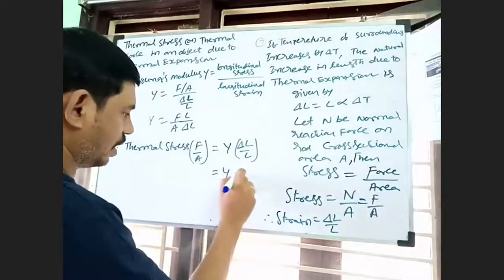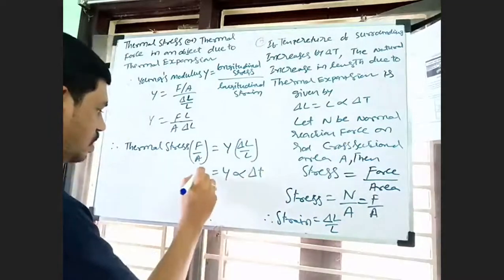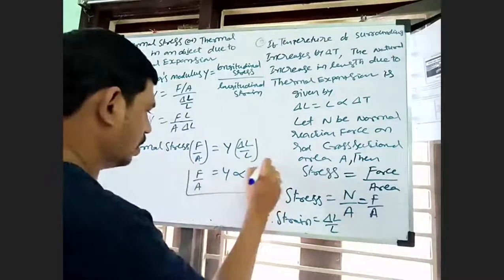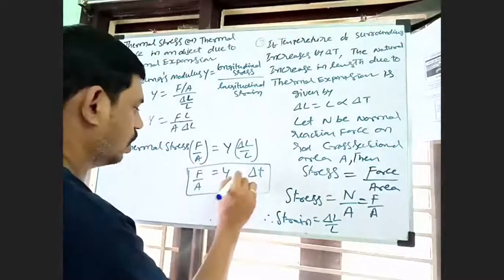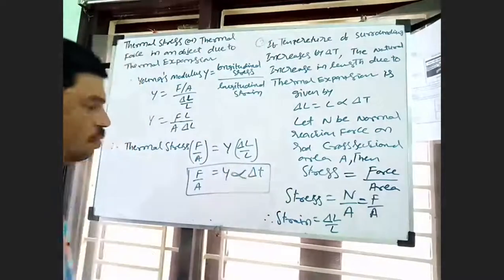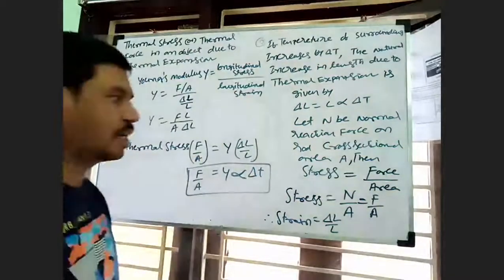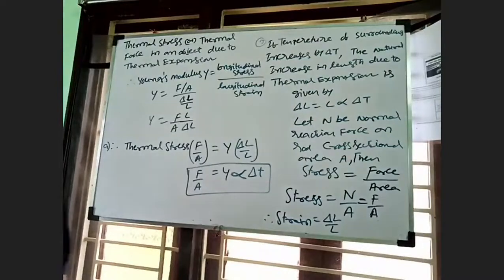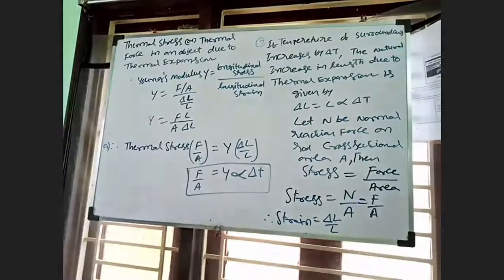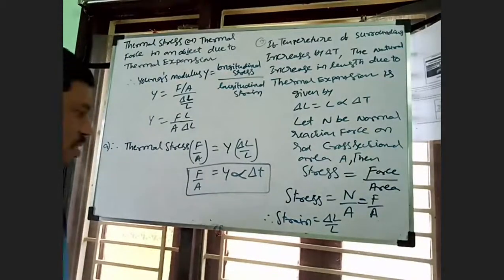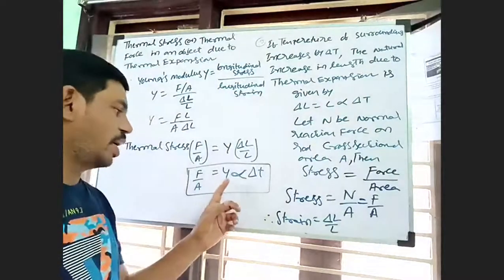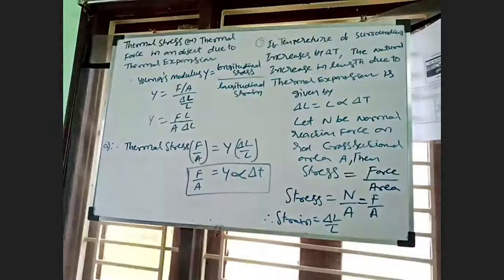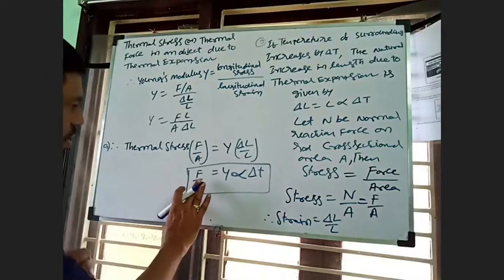It is alpha delta T. This is called thermal stress. Thermal stress formula: F by A is equal to Y alpha delta T.